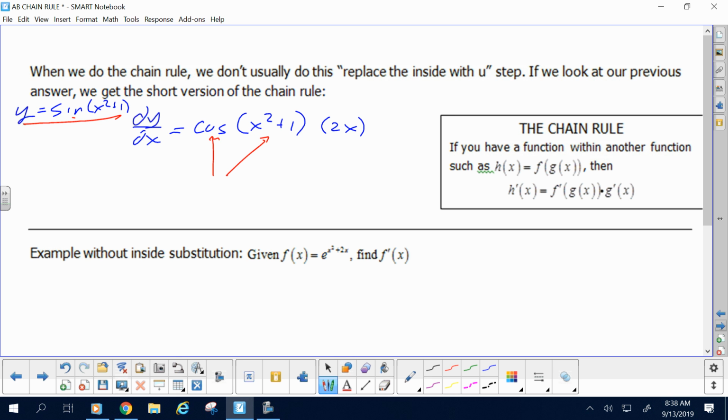Now, how does that relate to the original problem? Cosine came from taking the derivative of the sine. I'm going to say that as the derivative of the outside function. Wasn't sine the outer function? So we took the derivative of the outer function with the inside staying the same.